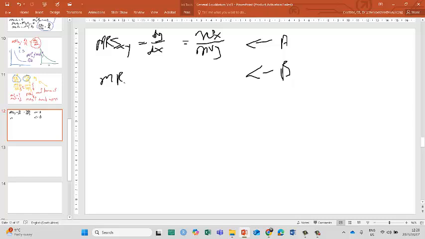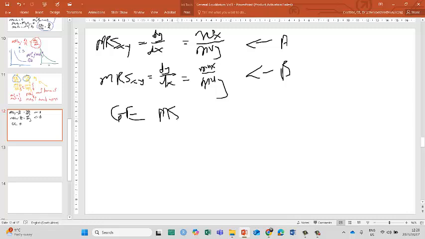In that case, the marginal rate of substitution of x for y is also equal to the slope of the indifference curve, or the marginal utility of x over the marginal utility of y for person B. We basically say that at general equilibrium, the marginal rate of substitution of x for y for person A must be the same as the marginal rate of substitution of x for y for person B. This is the point of general equilibrium.